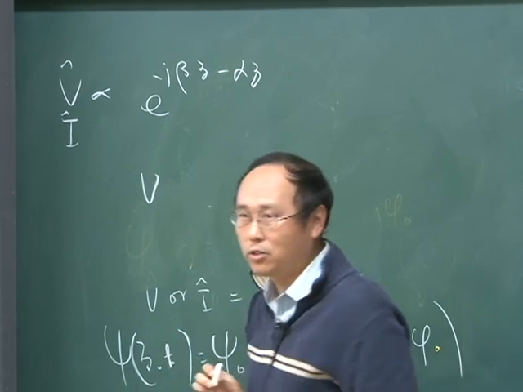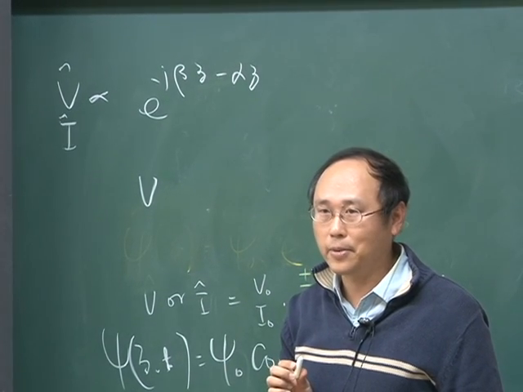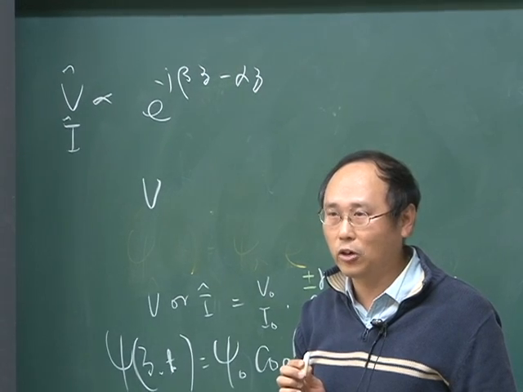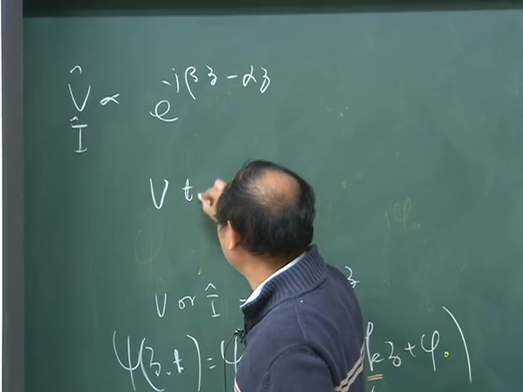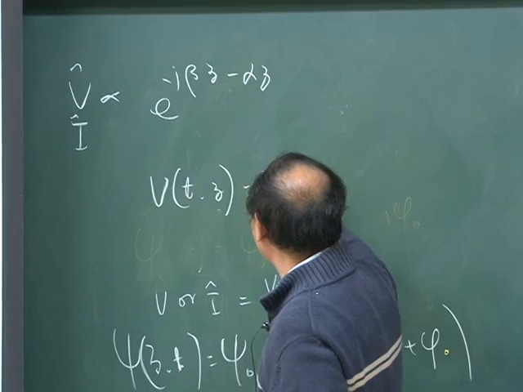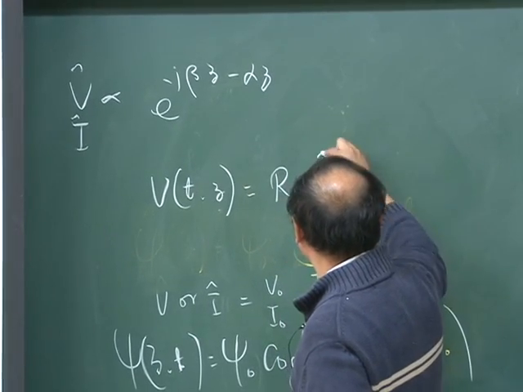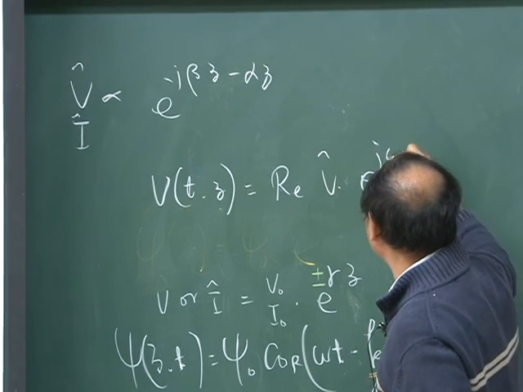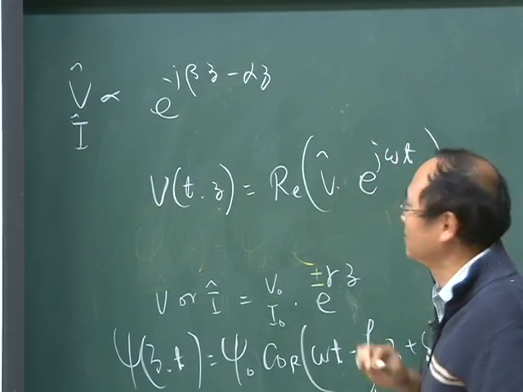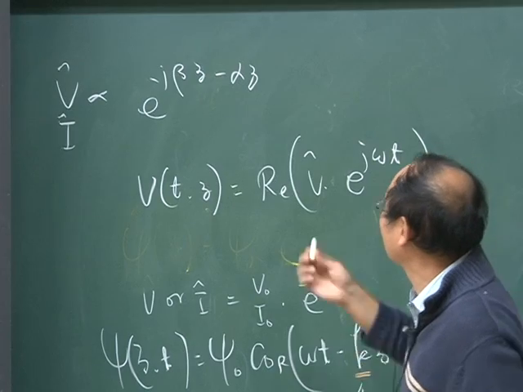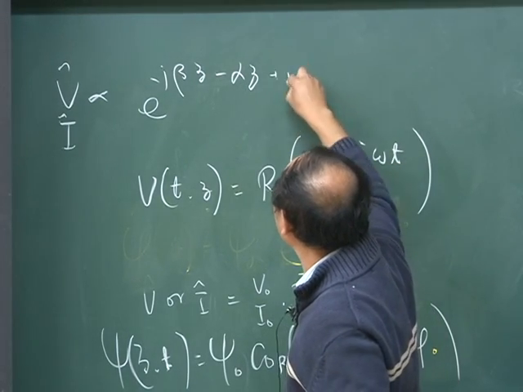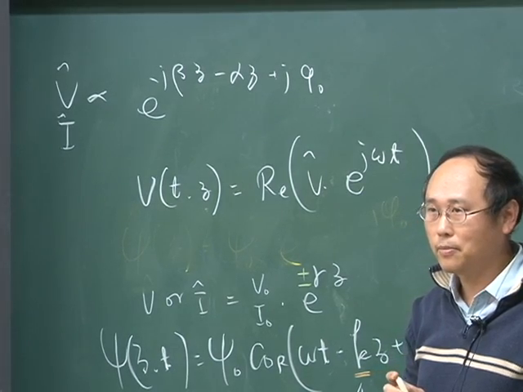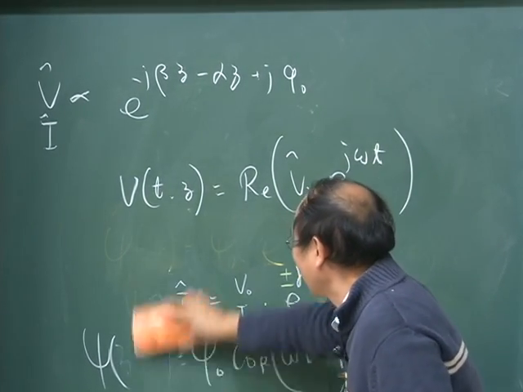For example, if I want to construct the real world voltage as a function of t and z, then I take a real part of V, the phasor, multiply with exponential j omega t. Okay, and suppose that there could be some arbitrary phase associated with that.